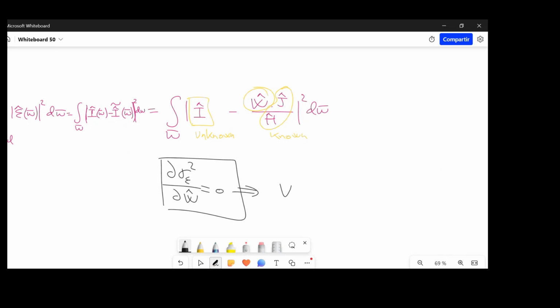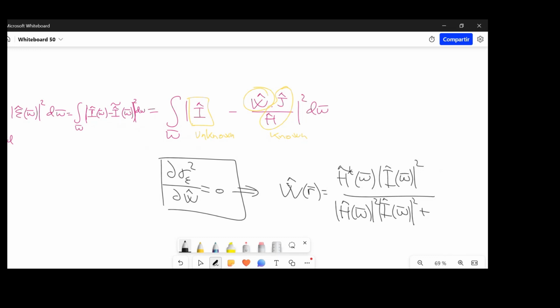The solution is, for every frequency, A star at that frequency times the modulus of I at that frequency, divided by A at that frequency squared times I at that frequency squared. So this is the solution.